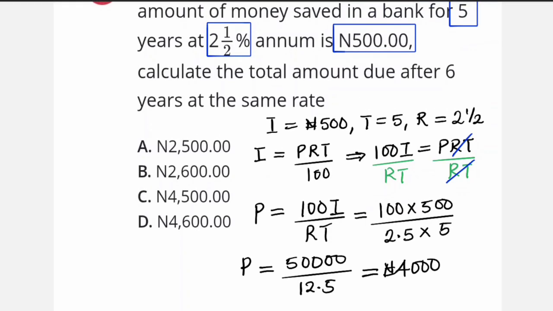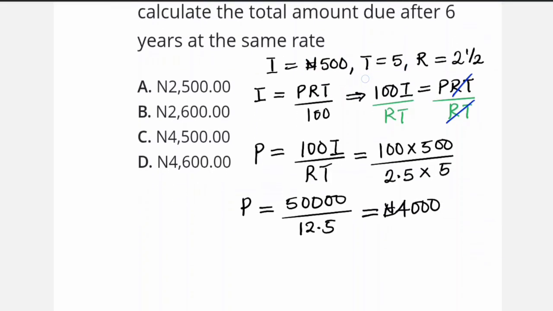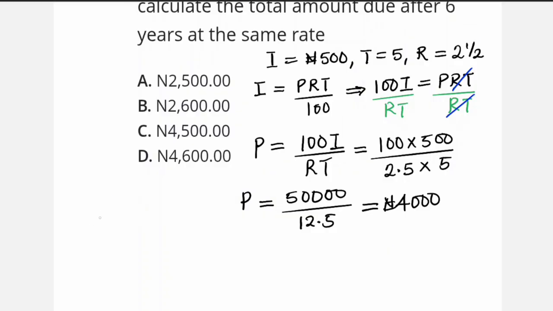Now we are told that we should calculate the total amount due after 6 years at the same rate. The interest per year is the interest received earlier, divided by the number of years. So that will be 500 naira divided by 5, which gives us 100.